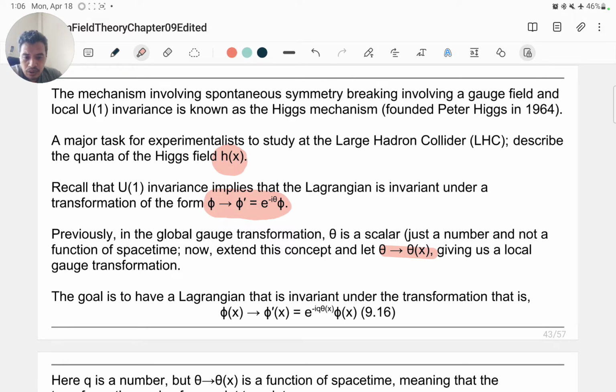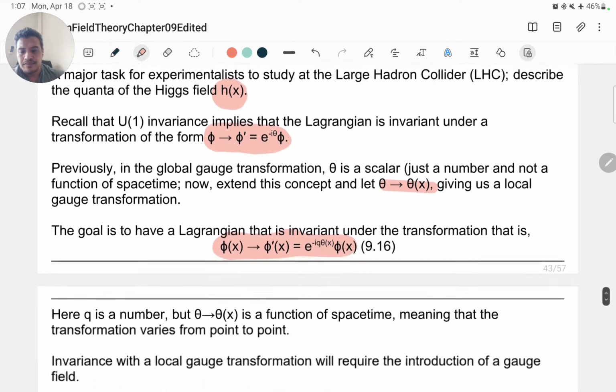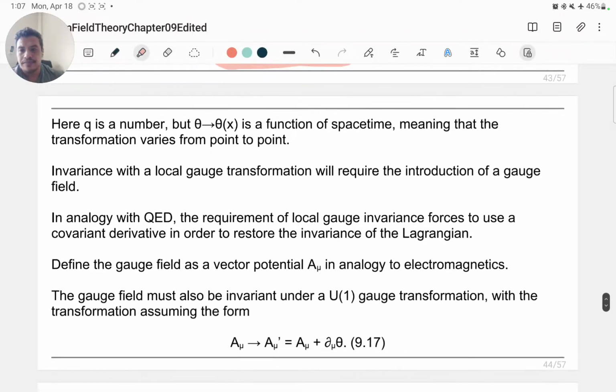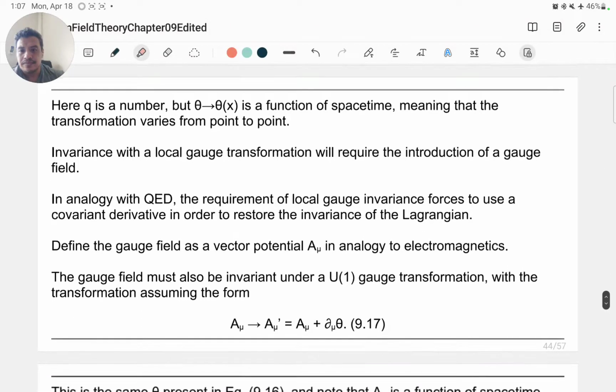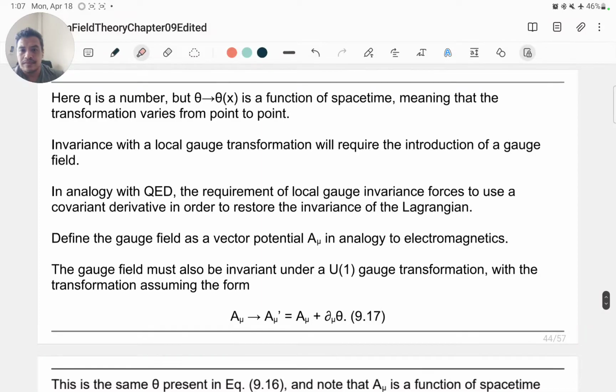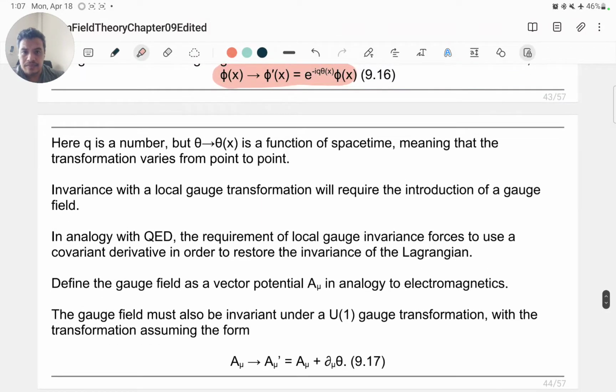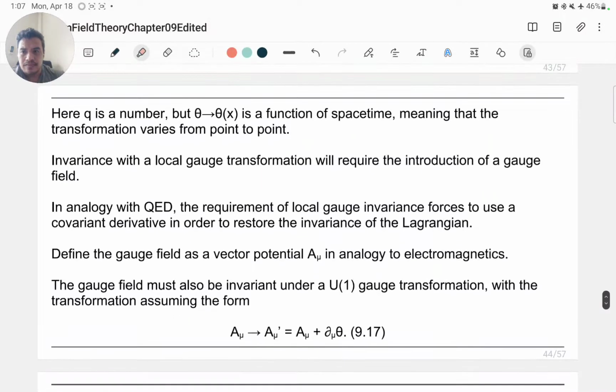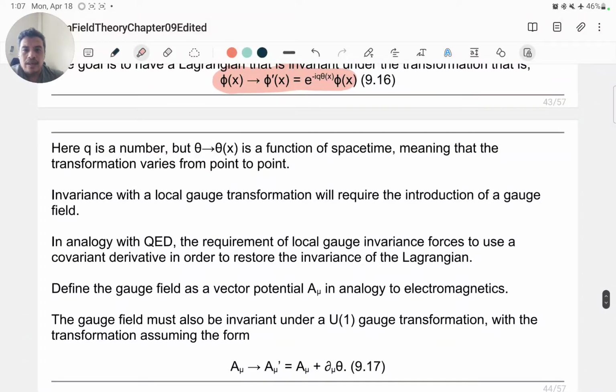So in this case, our transformation becomes specifically where theta is a function of space-time. By the way, Q here is just a number.